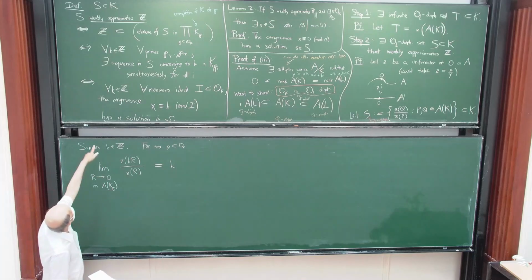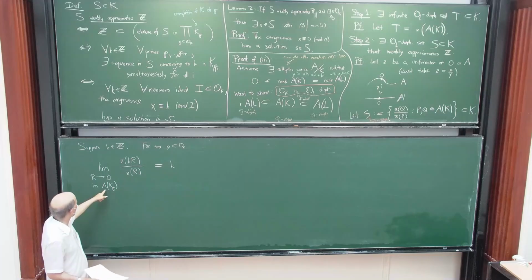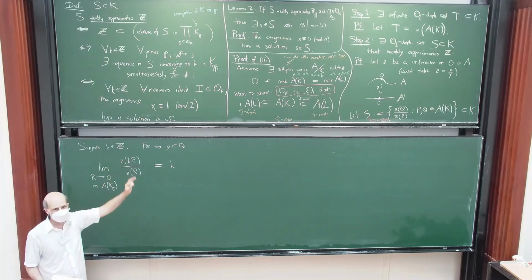But if you look back at the definition of weakly approximates, at that second condition, it's not good enough to have a single sequence of points that converges to 0 in one of these completions. I need to do it simultaneously in finitely many given ones.